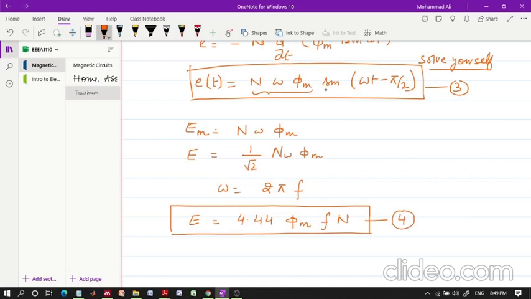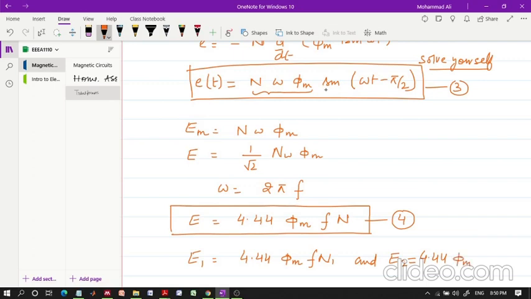So what will be the magnitude of the RMS value of the EMF on the primary side? I can write it as 4.44 phi m f N1. And what about the RMS value of the EMF developed on the secondary side? It will be 4.44 times the flux linking the secondary, which is again the same flux.